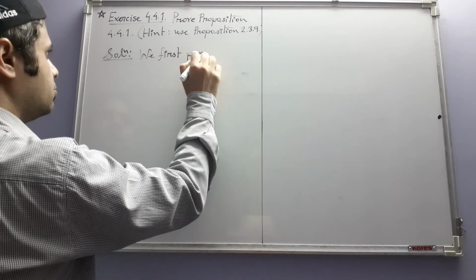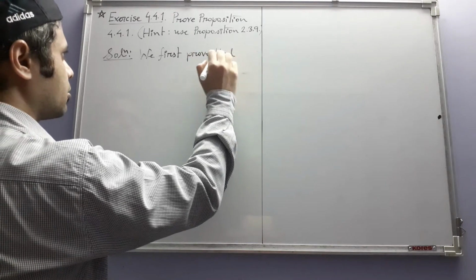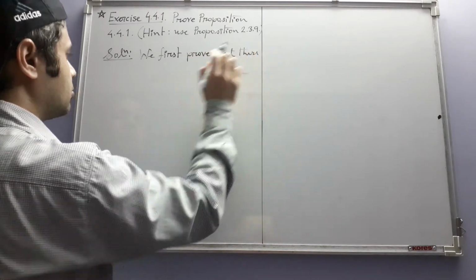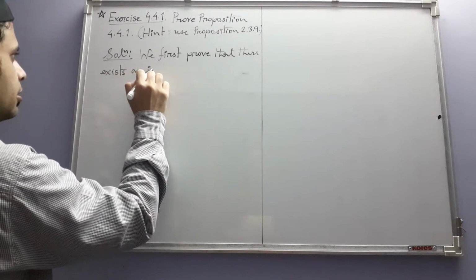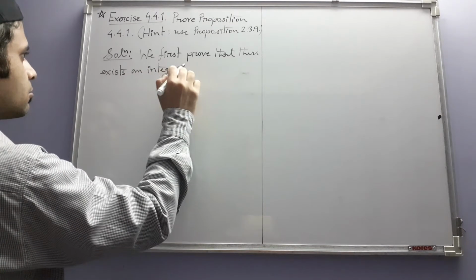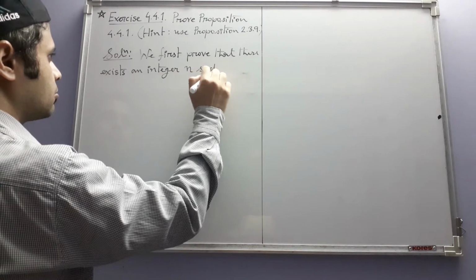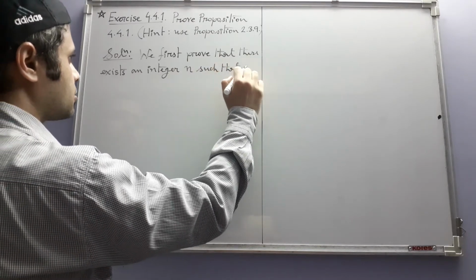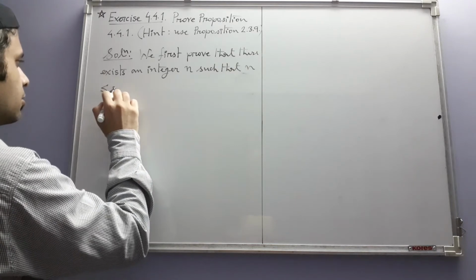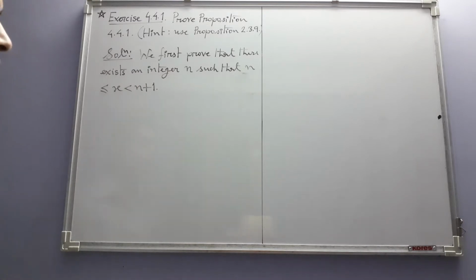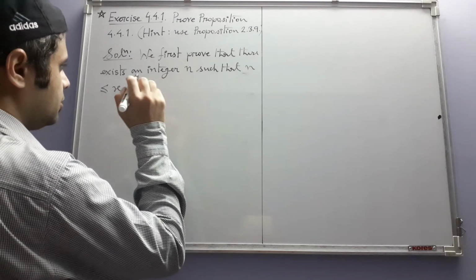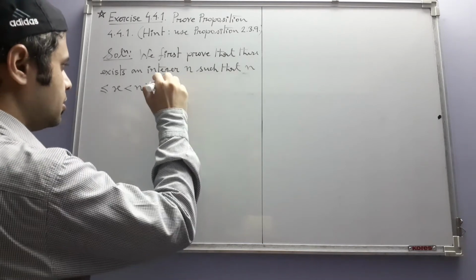We first prove that there exists an integer n such that n is less than or equal to x and x is less than n plus 1. So in the first part, we are proving existence of n, and then we will prove uniqueness of n. Now here the case x equal to 0 is obvious.